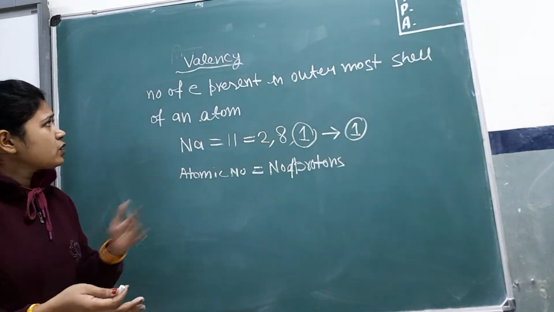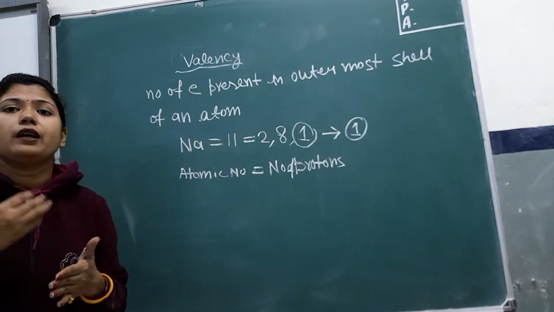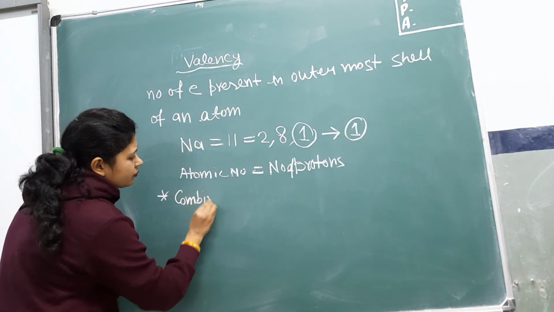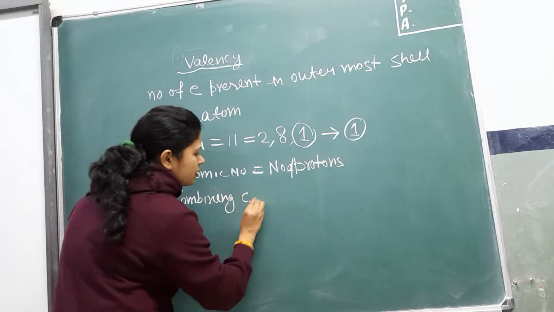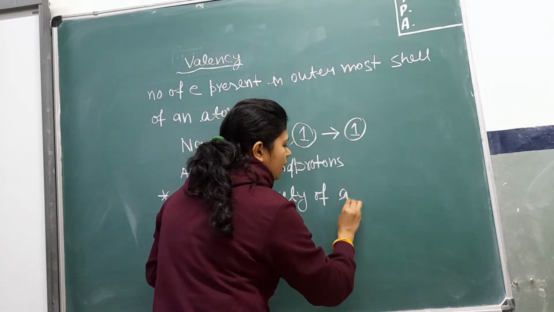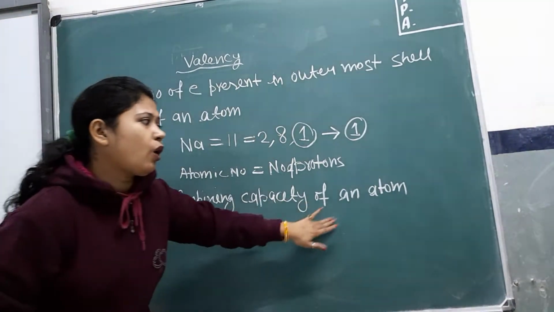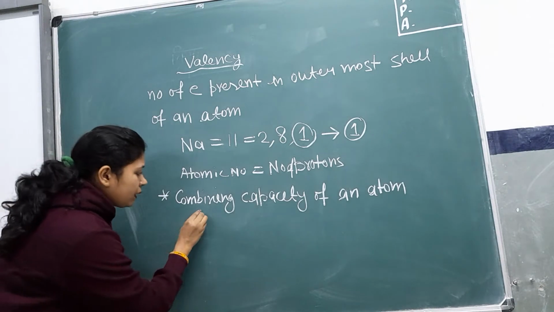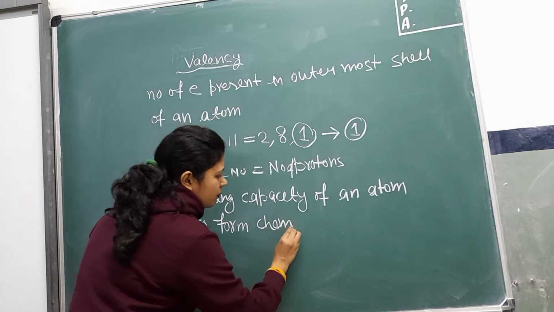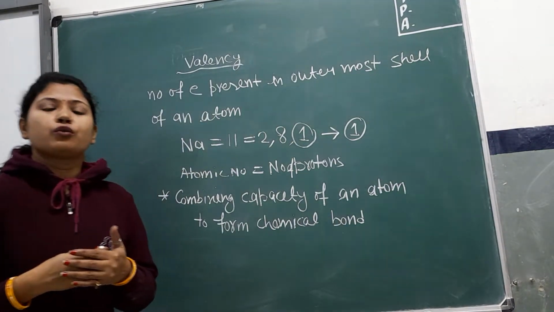Now, in many ways we can define valency, like the combining capacity of an atom. The combining capacity of an atom to form chemical bonds, to form compounds.